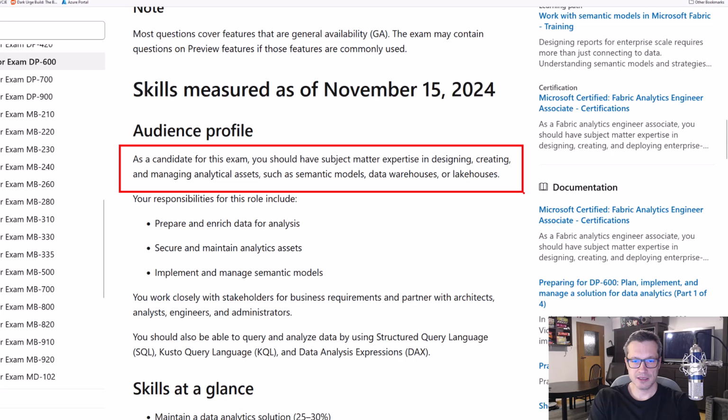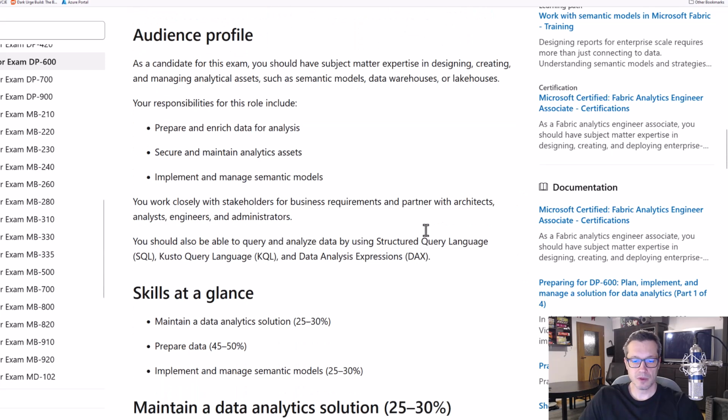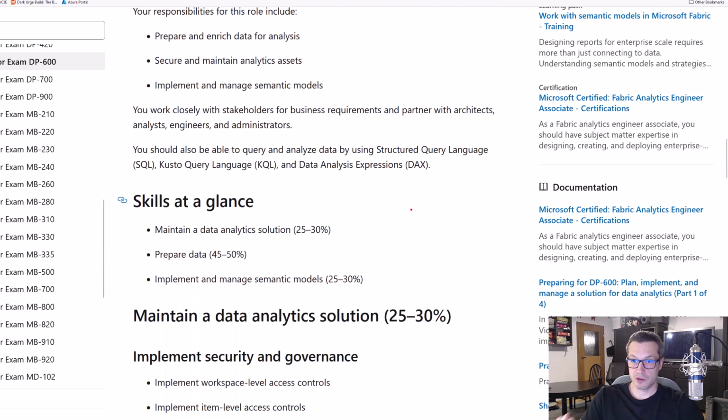As a candidate for this exam, you should have subject matter expertise in designing, creating and managing analytical assets such as semantic models, data warehouses or lakehouses. When it comes to languages you should know, it is SQL, again, we've got KQL to handle streaming data, and we've got DAX for Power BI.